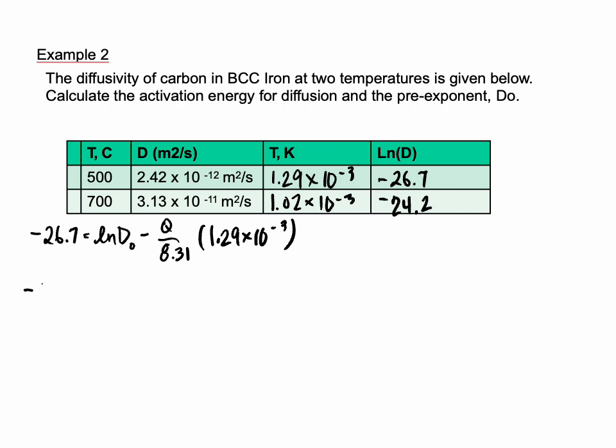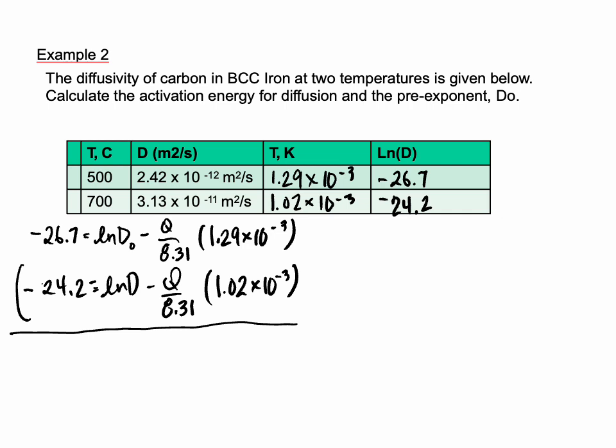And negative 24.2 is natural log of D0 minus Q over 8.31 times 1.02 times 10 to the negative 3.